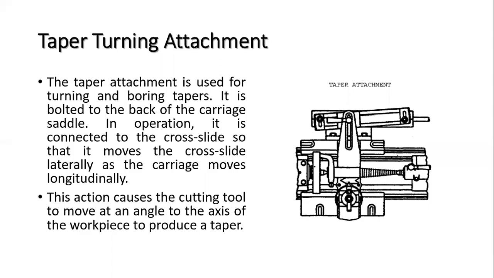That is the taper turning attachment that we have also seen in our video lecture. So I'm not going into detail. Please read all the lines and pause my video at every slide to note it down. This is very important. Next slide. I'm not wasting time reading all these lines.